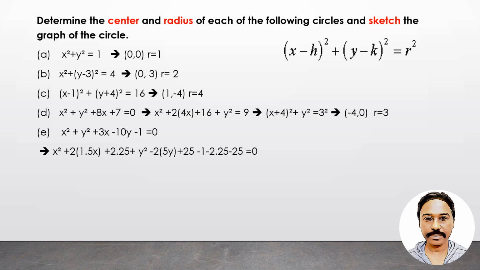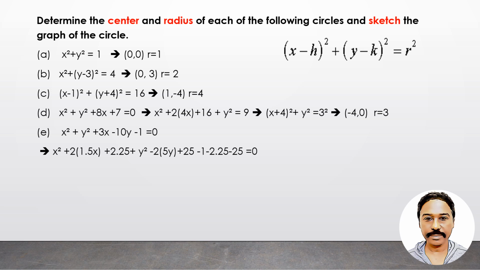So the first three terms here will give me a complete square of x plus 1.5, everything squared. And this part here, starting from y squared till the 25, will give me a y, and this time it will be minus because in front of the 2 I have a negative sign. So it will be y minus 5, everything squared.